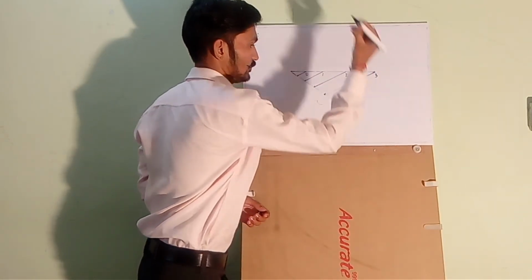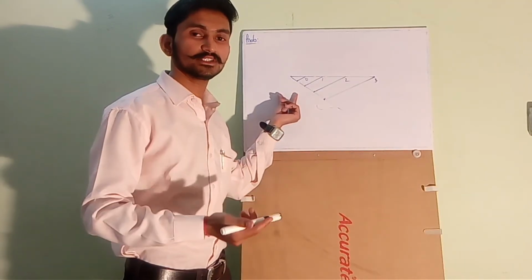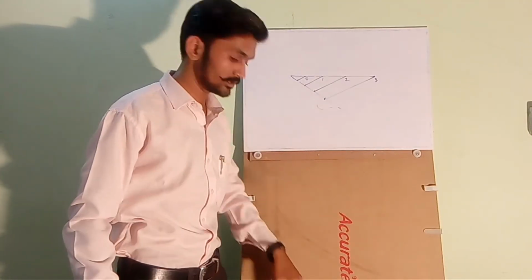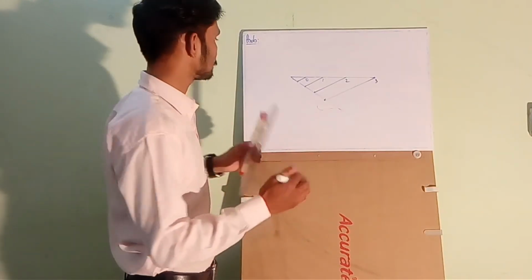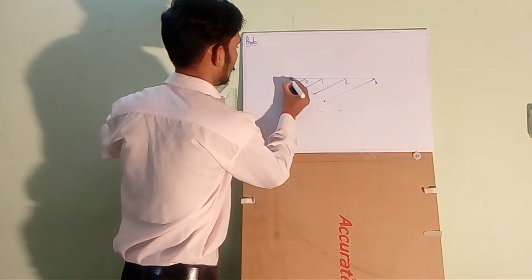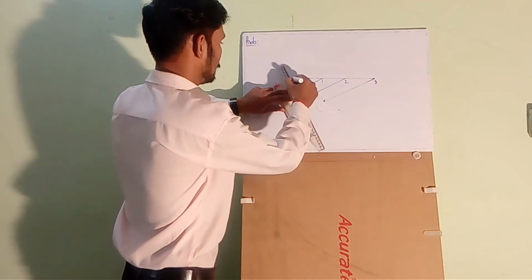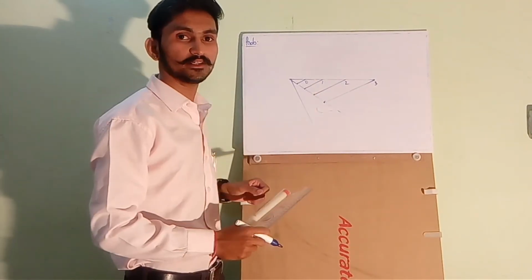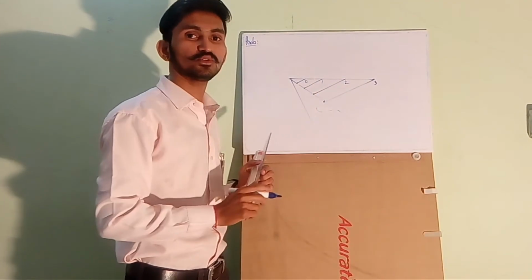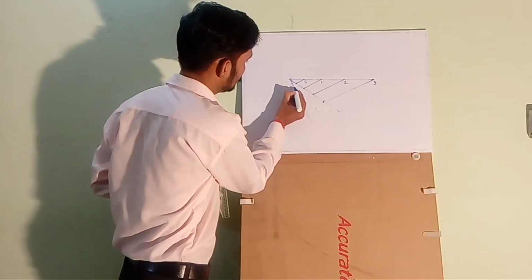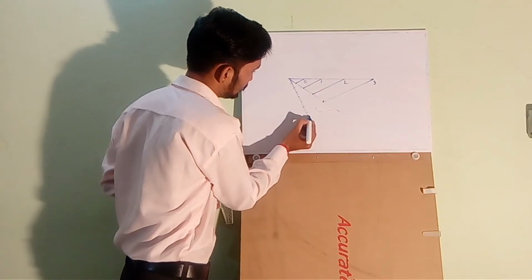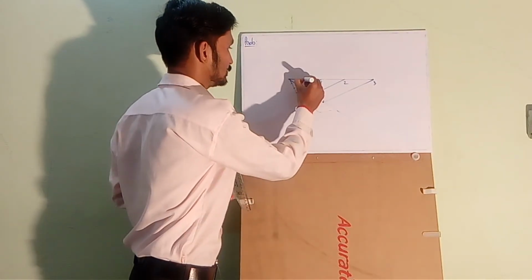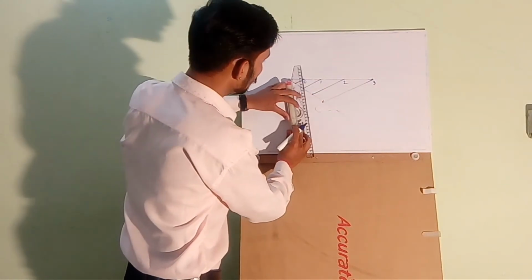Now divide the first division into 8 equal parts. Each will be representing 1/8 of a kilometer. So again the procedure is the same. Draw a line at a random angle. Divide this line into 8 equal parts: 1, 2, 3, 4, 5, 6, 7 and 8. Join this point to this point which is at 0.